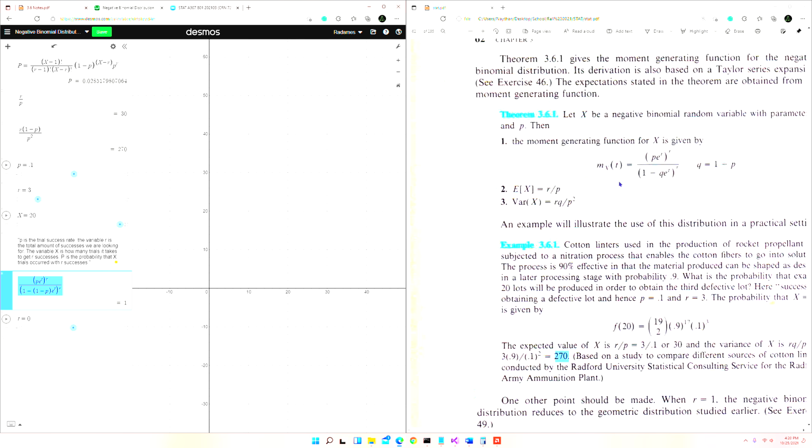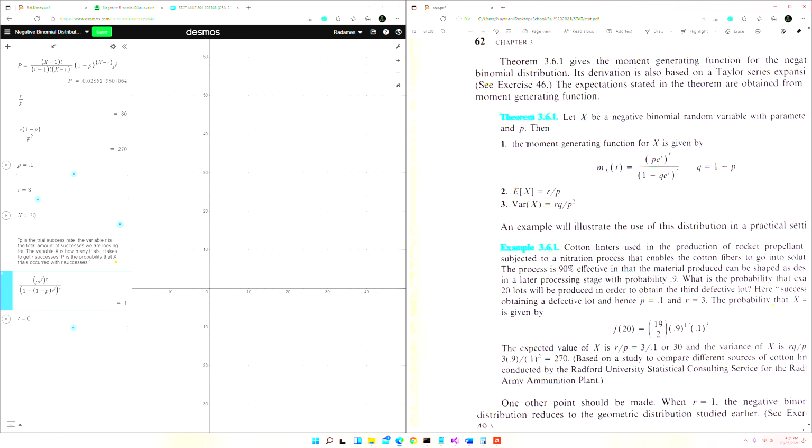This right here is the moment generating function. I haven't seen any work with that either in class or in the book quite yet. The only real purpose of this moment generating function is to find the expected value. As far as I understand, you kind of have to take the derivative of this, and it's a very nasty calculation, but all of that just to get r over p.